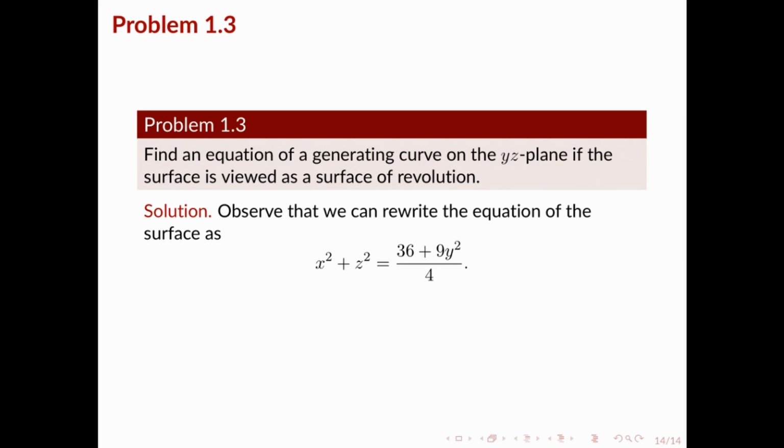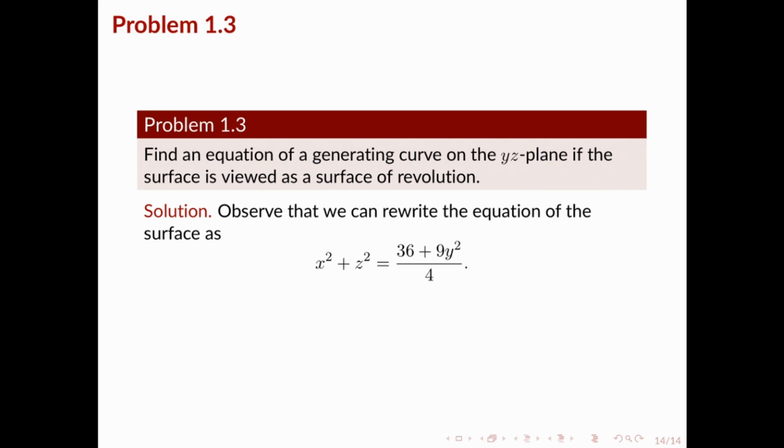We're very, very close. All we need to do here is divide everything in this equation by 4. So after dividing everything by 4 here, we get x squared plus z squared equals 36 plus 9y squared all over 4. Alright, so what we have here is x squared plus z squared equals, and then we treat the entire right side as one big f of y squared, right?